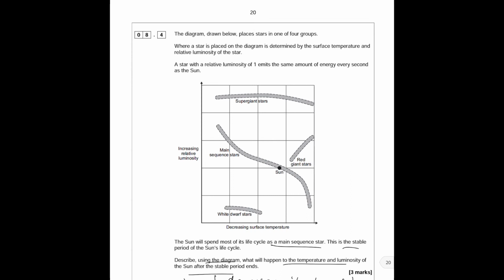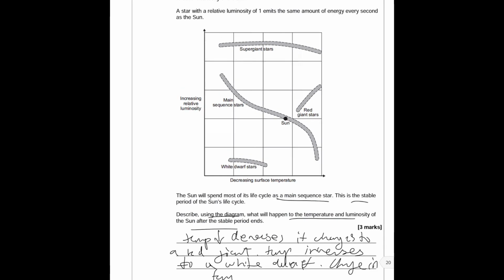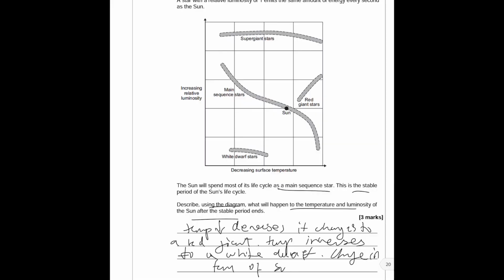Right? We have to describe using specifics. Okay, so there's a change in temperature of the sun as the sun changes to a red giant, and then to a white dwarf.